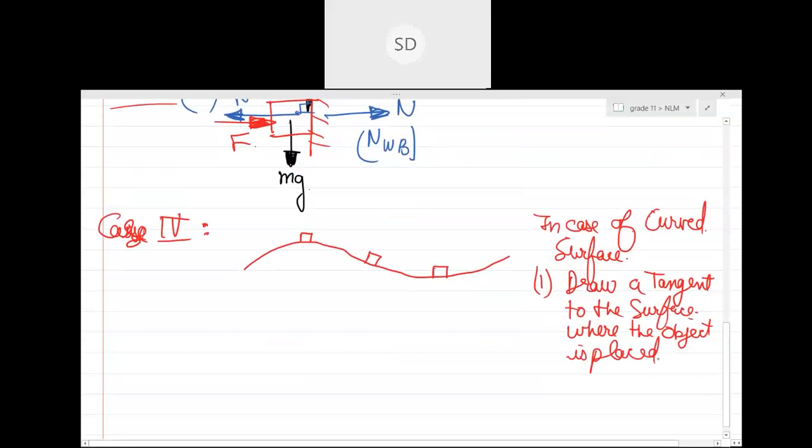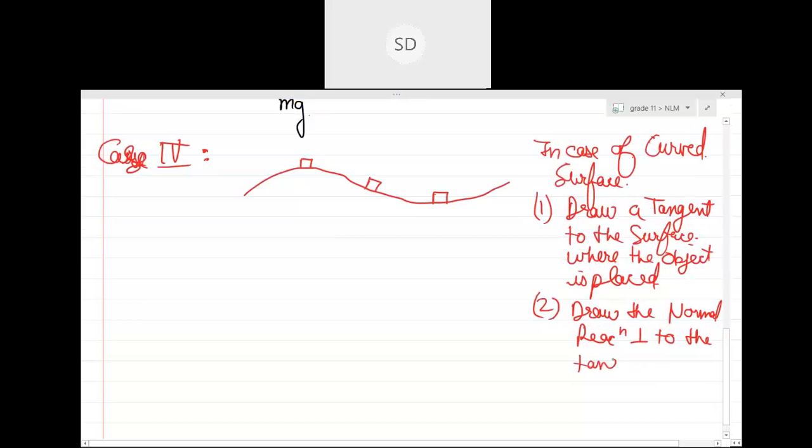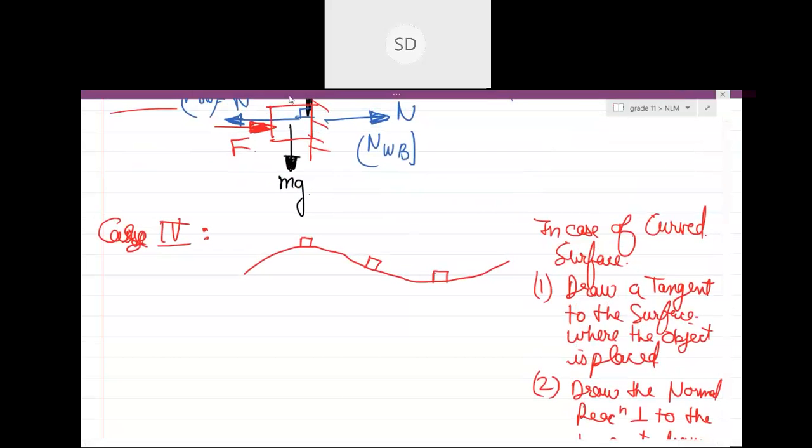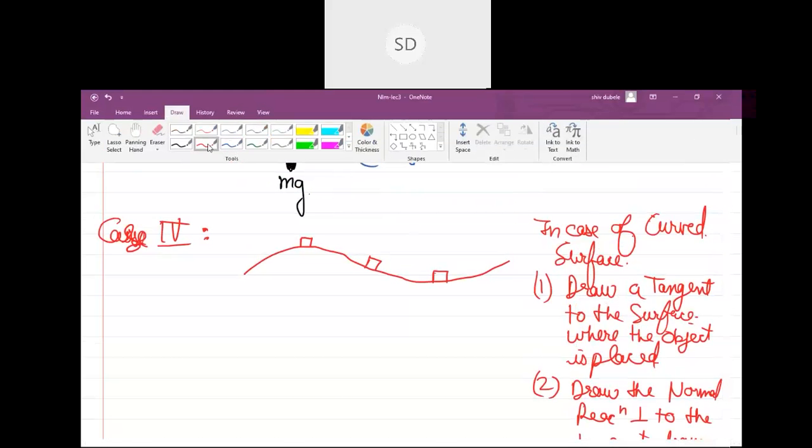And then after this, what to do? Draw the normal reaction perpendicular to the tangent drawn. So basically, whenever you have curved surfaces, you draw a normal like this.